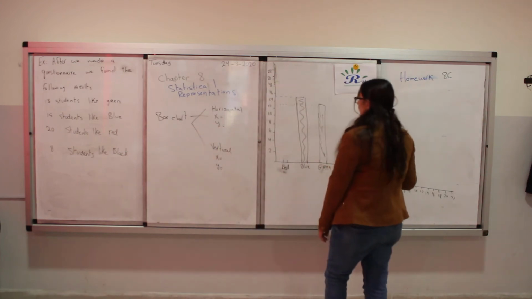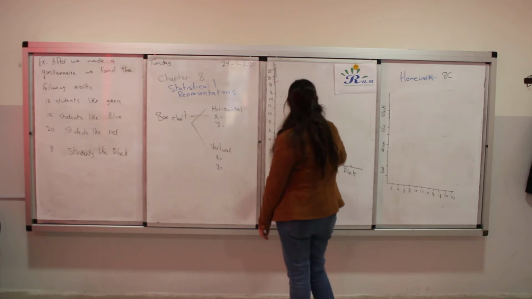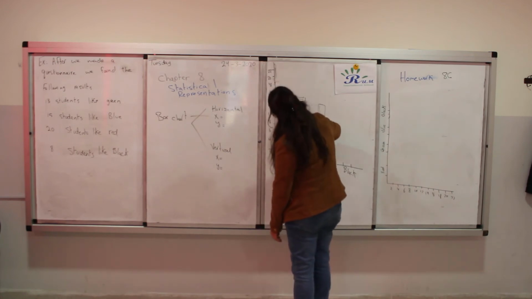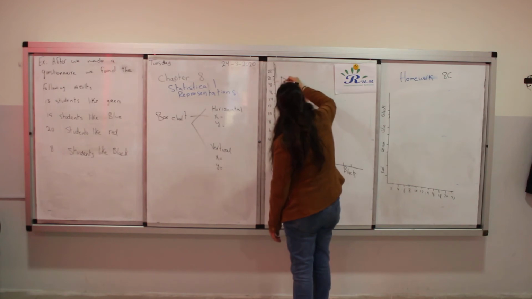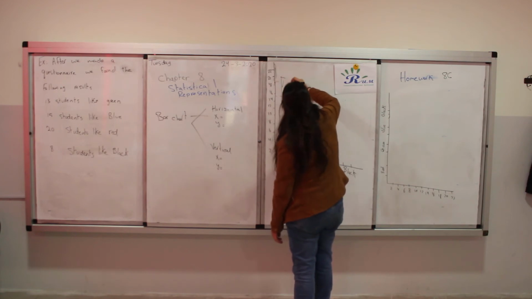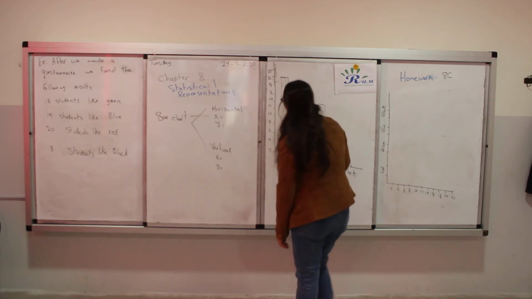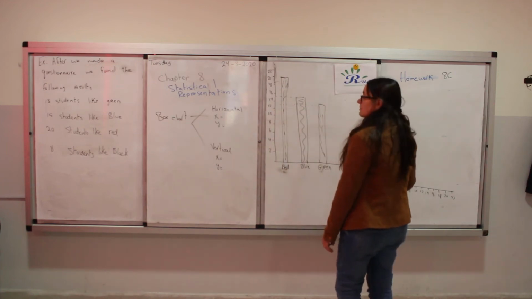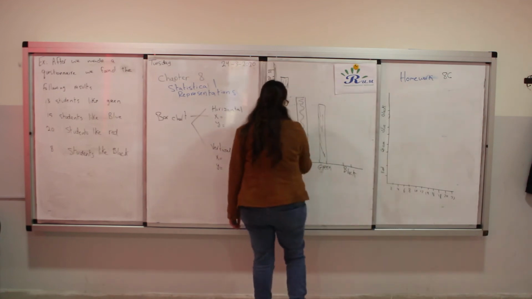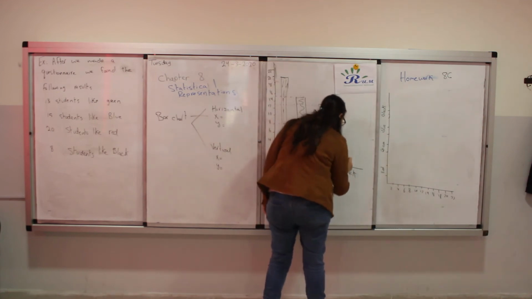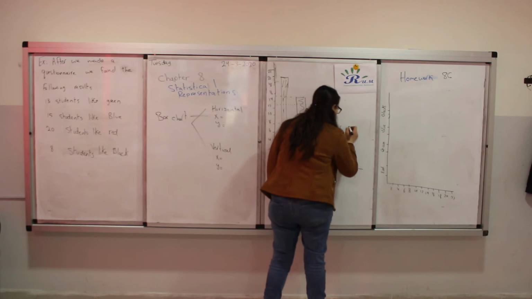For the red, I have 20 students, so I will go on drawing the bar until I reach number 20. And for the last color, which is the black, I have 8 students. So this is my last bar.